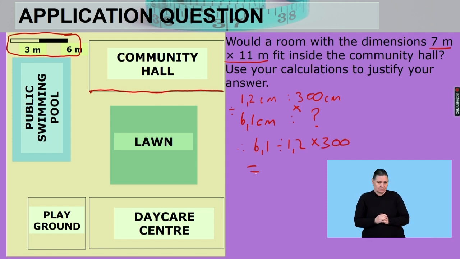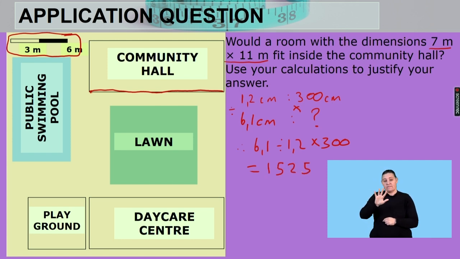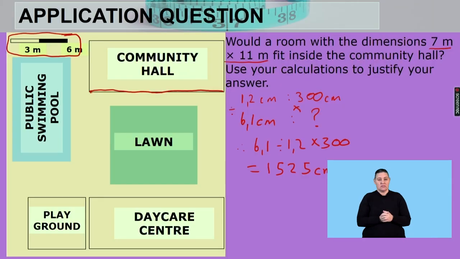All right, this gives me 1,525 centimeters. Then, of course, what do we need to do? We've got to get that to meters. Then we can compare it. So I'd multiply this by 100, and that is 15,25 meters.